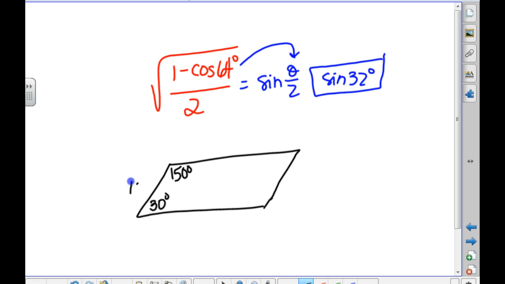If it said this was 10 and this was 18, and it wanted the longer diagonal, you'd do law of cosines going this way using the 150. If it wanted the shorter diagonal, you'd go this way and use these 3 numbers to find law of cosines here, okay? But that's pretty much it.